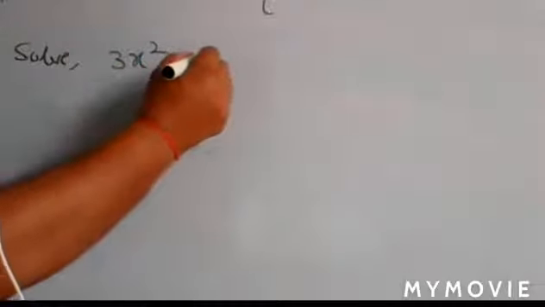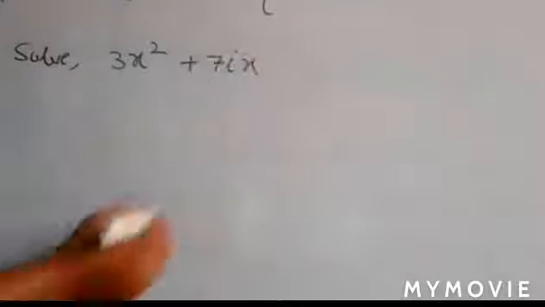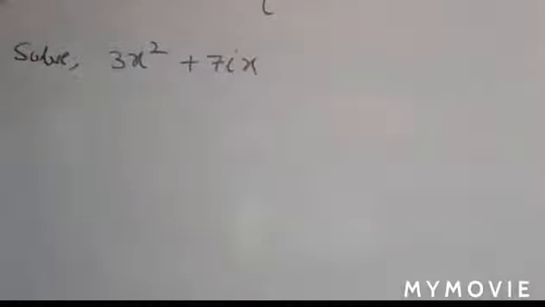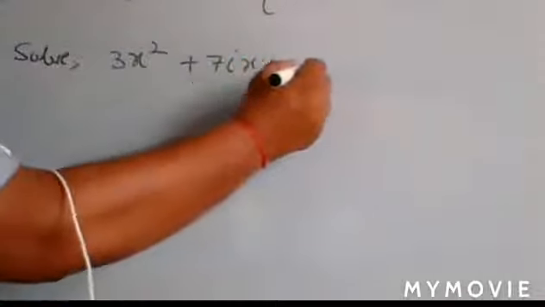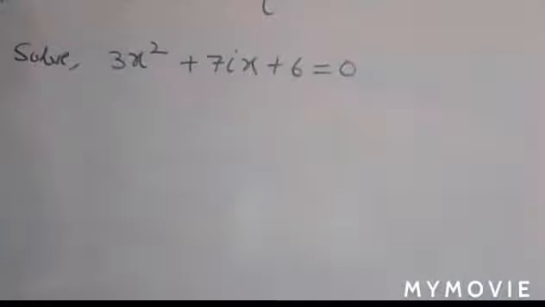3x square plus 7ix plus 6 is equal to 0. You have to solve that.